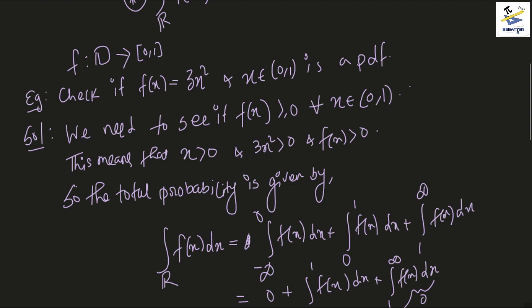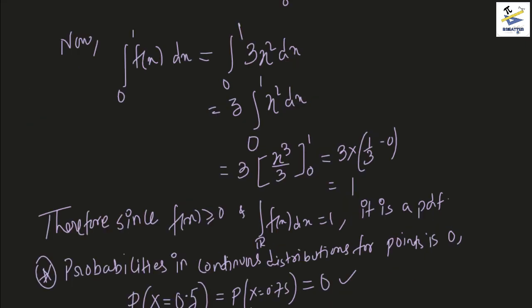We can write this as the integral from 0 to 1 of 3x squared dx, and as we have learnt in integration, the constant 3 comes out, and it becomes 3 times the integral from 0 to 1 of x squared dx.